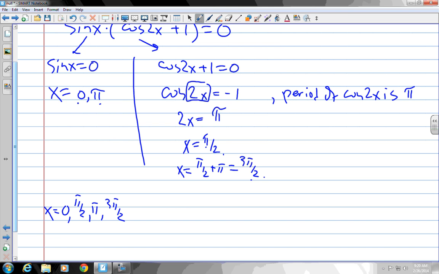If the question was find all solutions, you realize you just get increments of pi over 2, because 2 pi will still solve this, and so forth. But these are just solutions on the interval from 0 to 2 pi. You need to know the facts of what the period of sine and cosine is. Everything is 2 pi except for tangent and cotangent. Those are pi. So you need to know those facts.